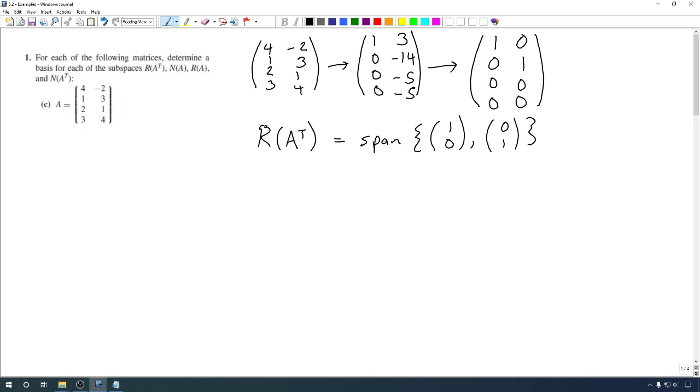Very nice basis. One thing to note here is it's 2-dimensional, but we also do know, because it's actually a subspace of R^2, that it couldn't be anything more than that anyways. 2-dimensional is the biggest it could be. The only thing we really found out here is that it's not 1-dimensional.